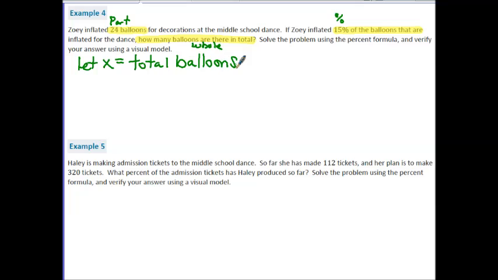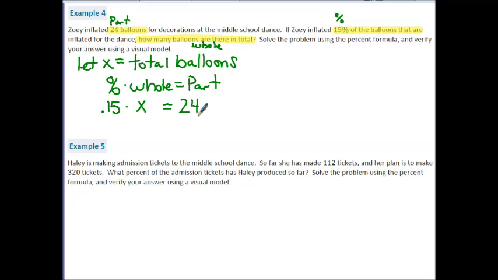So if I'm going to use percent times whole equals part, we're just going to substitute. Our percentage we found was 15%, so as a decimal that's 0.15 times whole. In this case, our whole is our X value, is equal to part, in this case is 24 balloons that Zoe inflated.